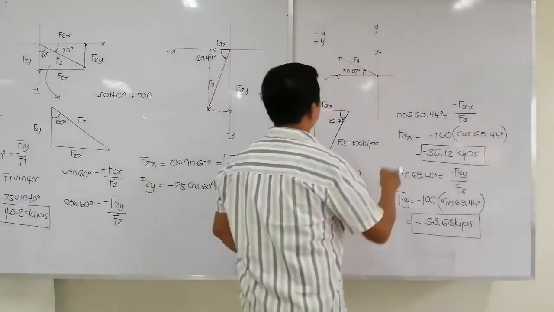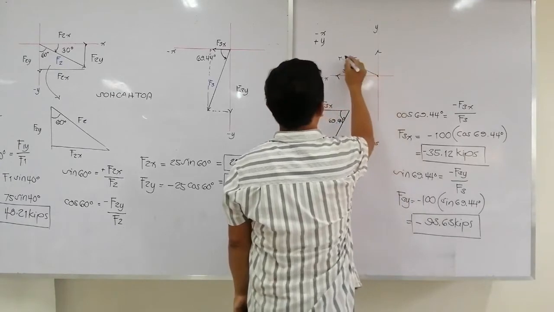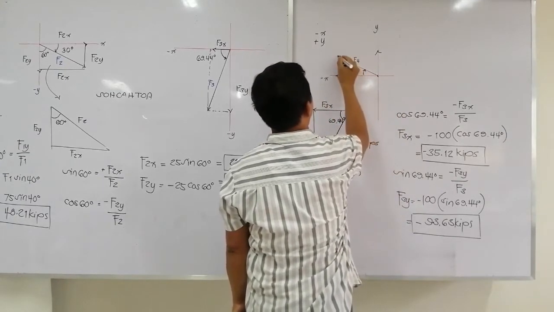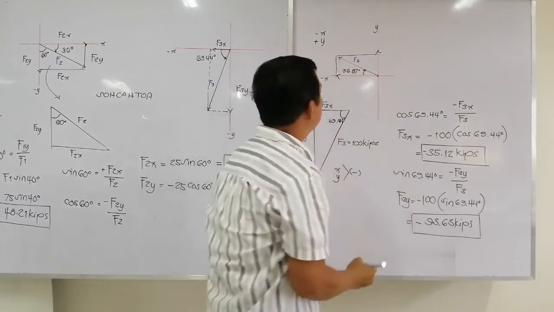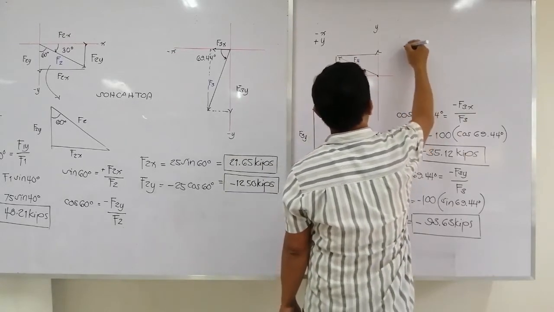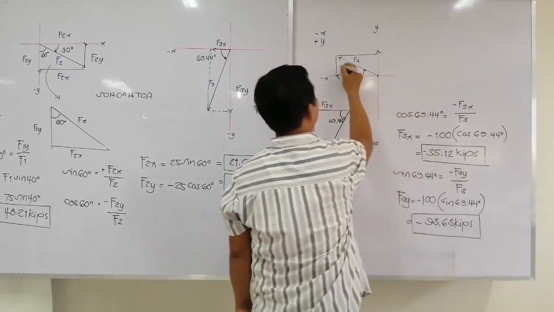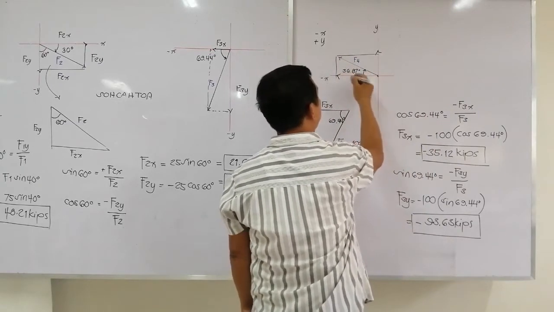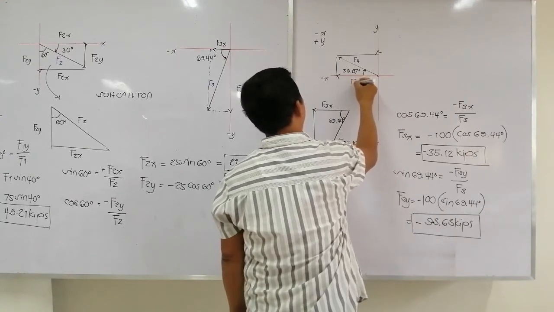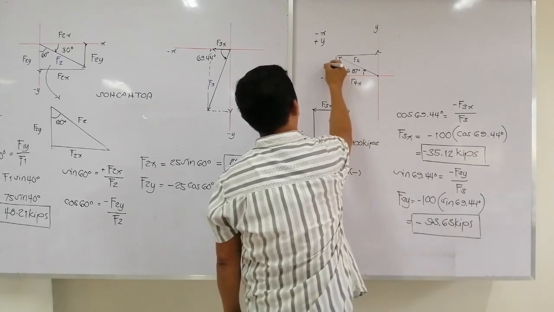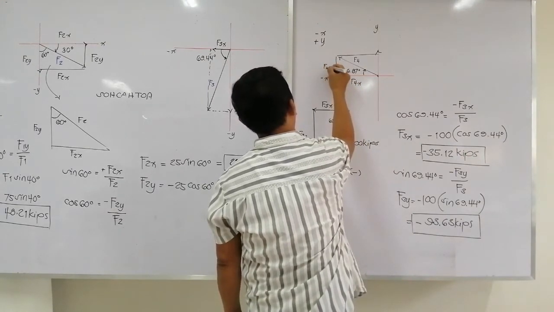Lalabas dito na if we are to generate again a rectangle, use natin ang triangle na nakadikit sa X. So, it will give us this being your F4X component and this is your F4Y component.